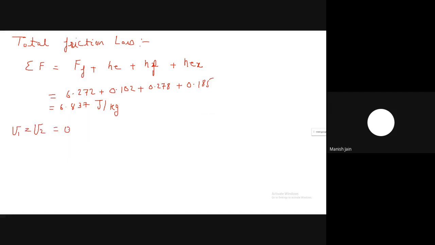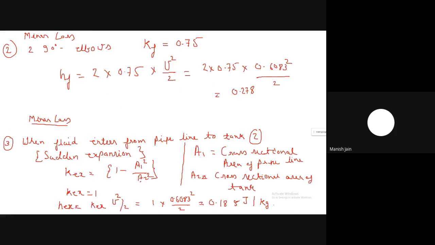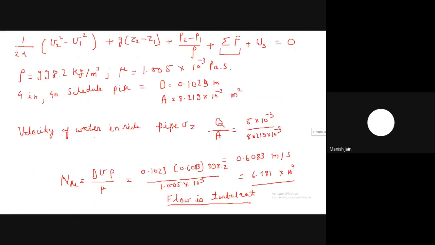So the difference in the kinetic energy will become 0. First I will write the equation so you can again understand this. The Bernoulli equation: (V1 square minus V2 square) divided by 2, plus g times (Z2 minus Z1).